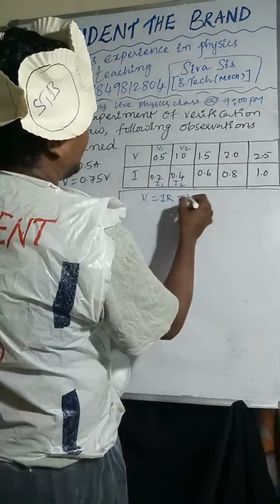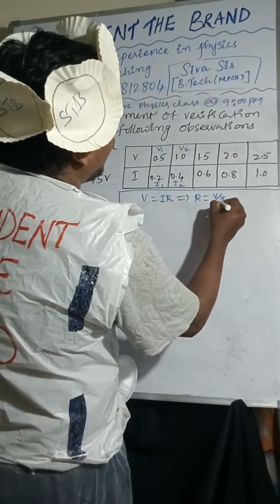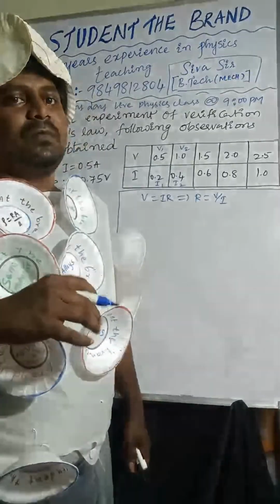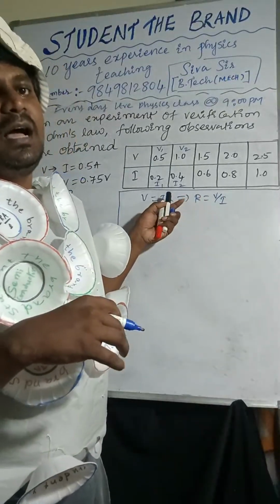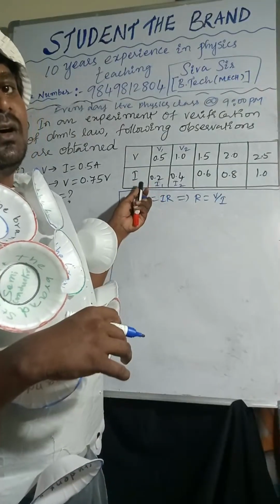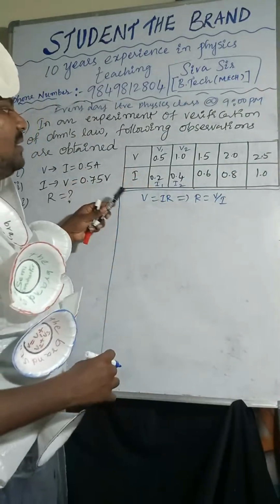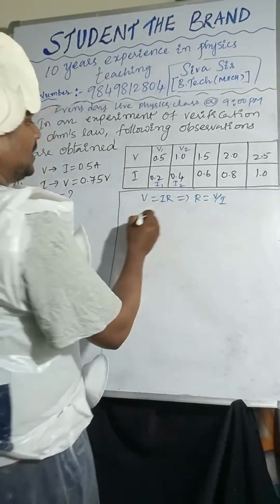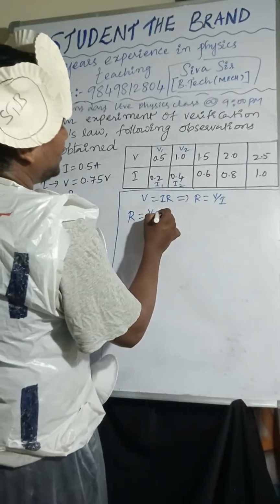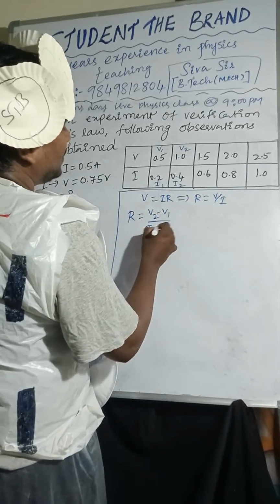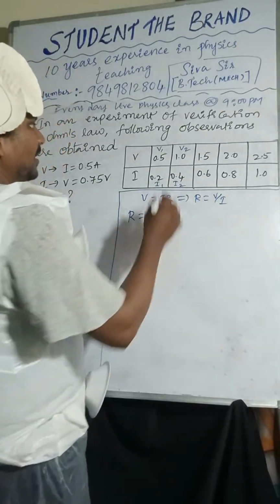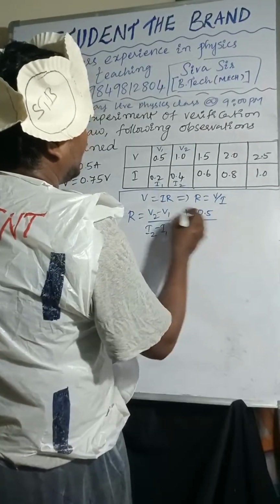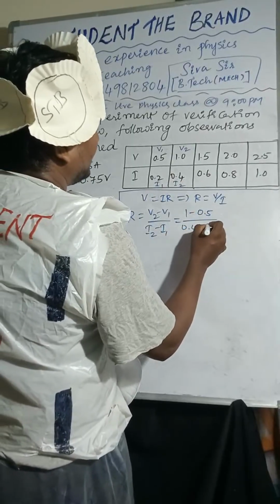So from this, R equal to V by I. For finding the R value, we take V2 minus V1 by I2 minus I1. Now V2 equal to 1 minus V1 equal to 0.5, by I2 equal to 0.4 minus 0.2.